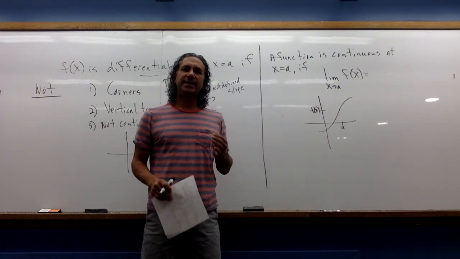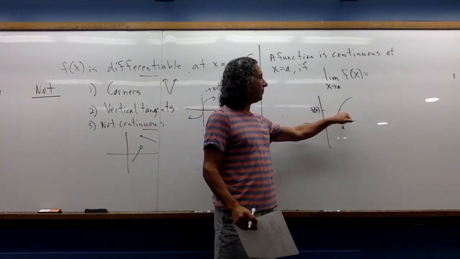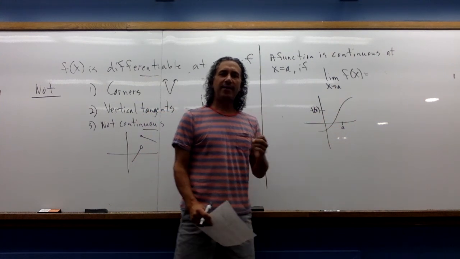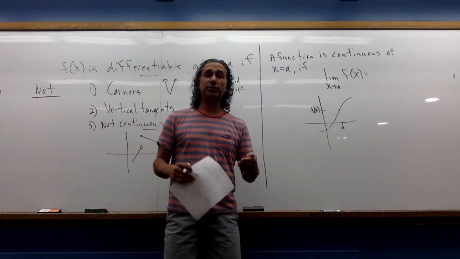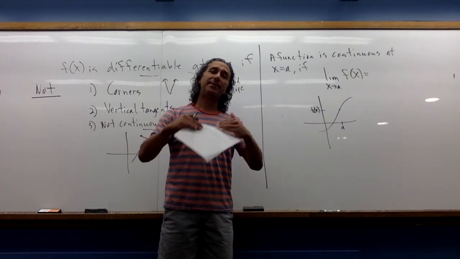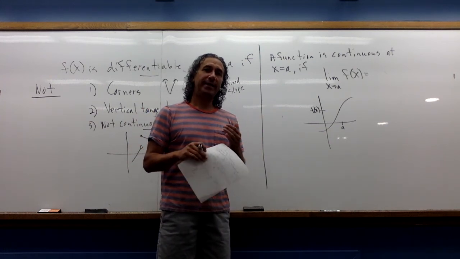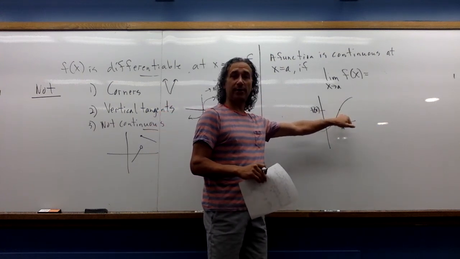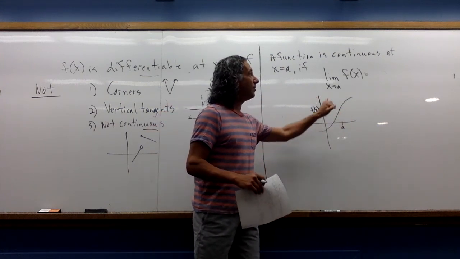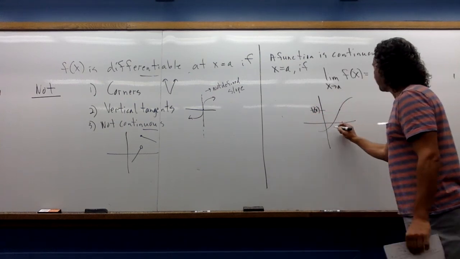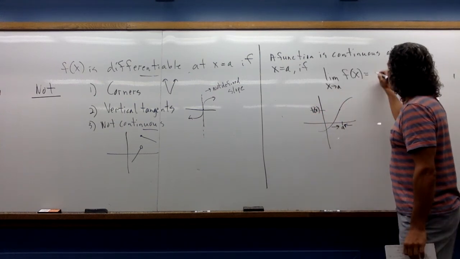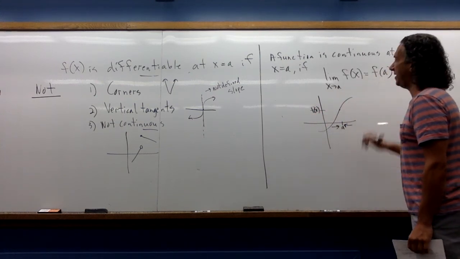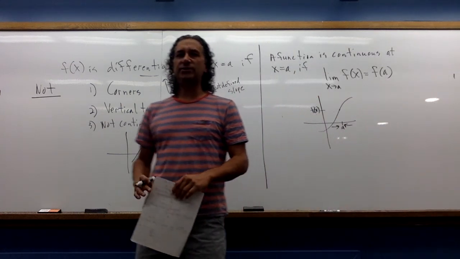Well, for that to be continuous, somebody has to be home here, and that thing that has to be home has to actually equal the limit. The thing that I'm getting closer and closer to is the point that's actually there. So in other words, the limit as x approaches a from either side, we have to get closer and closer to f of a. That is the definition of being continuous.